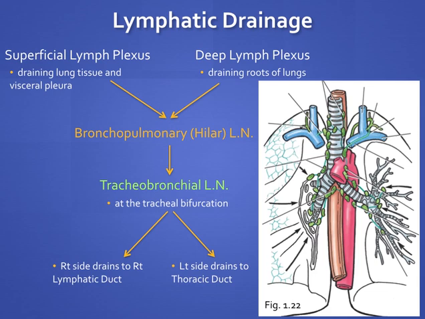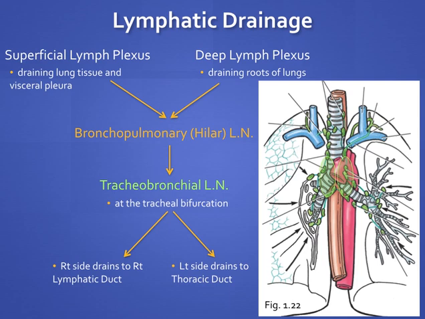From there, and those are highlighted by the orange circles right at the hilum, the lymphatic tissue is going to travel to the green area, which are the tracheobronchial lymph nodes, right at the tracheal bifurcation, right where the trachea is bifurcating.